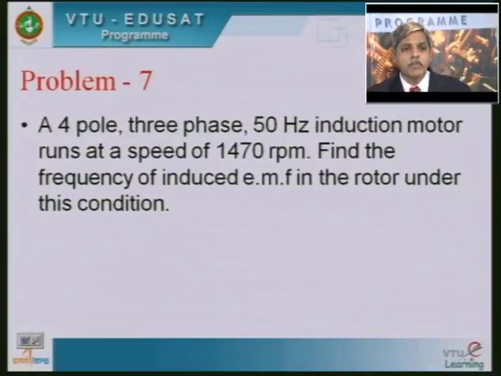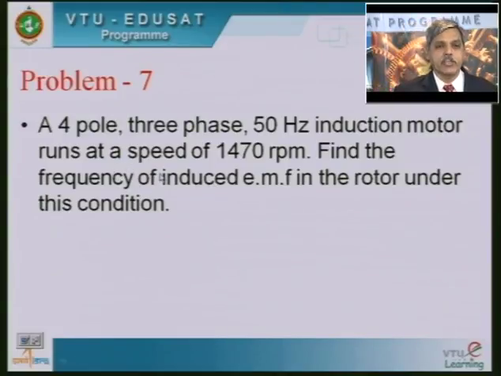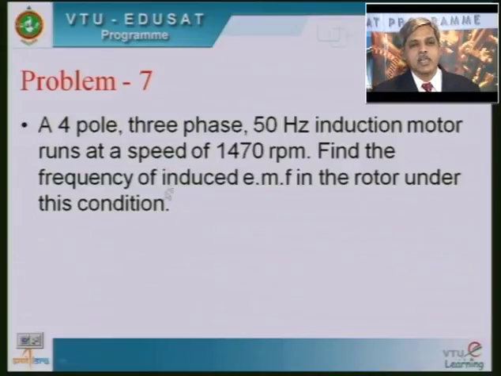So in this problem, the seventh one, a 4-pole 3-phase 50 hertz induction motor runs at a speed of 1470 RPM. Find the frequency of induced EMF in the rotor under this condition. Again here, what I need to do is calculate the slip of the induction motor. To calculate the slip, I should know the synchronous speed.